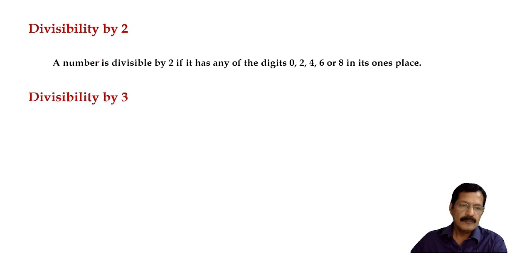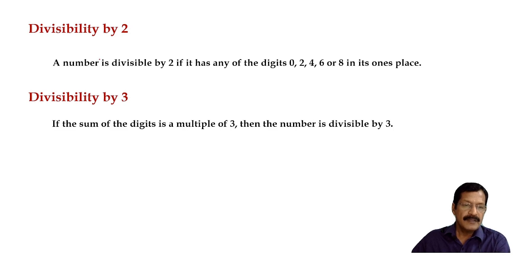Divisibility by 3, and it is interesting. If the sum of the digits of a number is a multiple of 3, then the number is divisible by 3. For example, let us have a number. I am writing 1, 3, 3, 4.